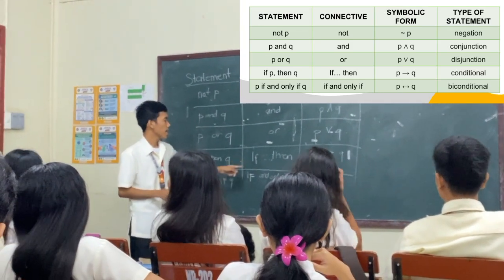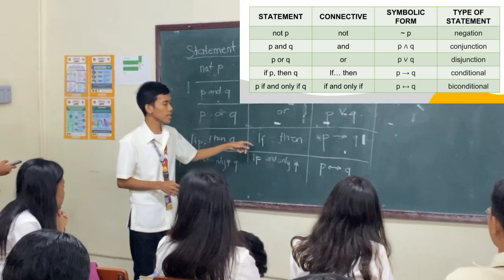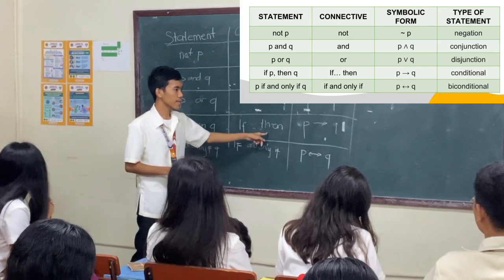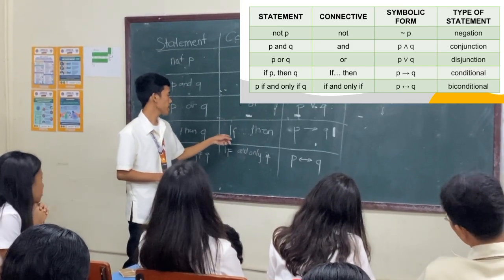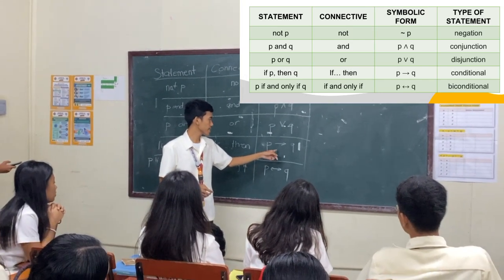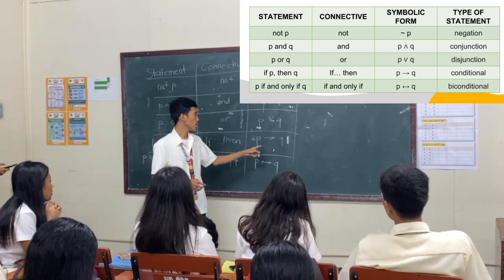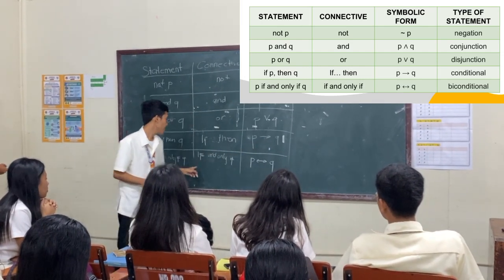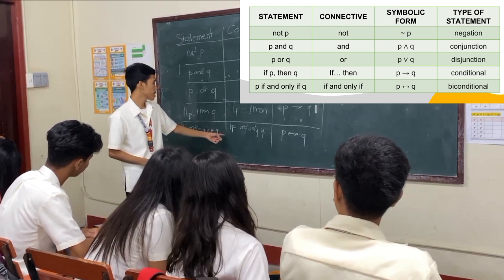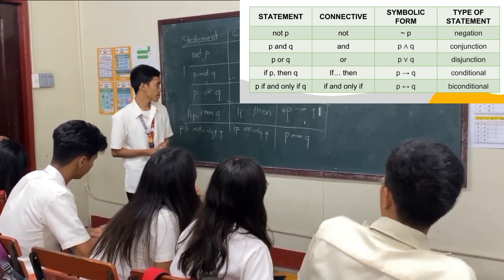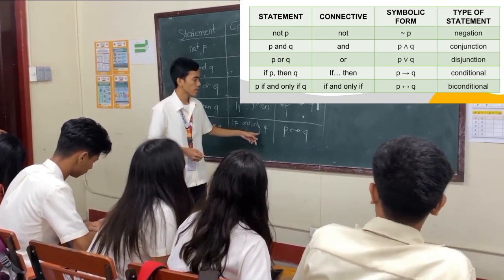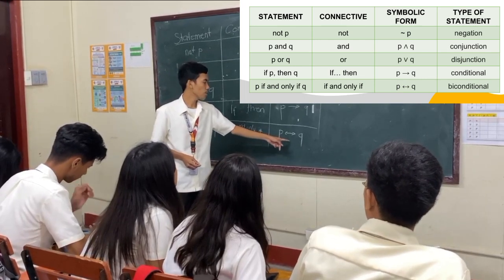And then the fourth is the conditional, the if-then statement, where we use the connective if and then, and the symbol that we use here is the arrow facing to the right. And then the last one: if we are forming a compound statement and the connective used is if and only if, we use the double-headed arrow.